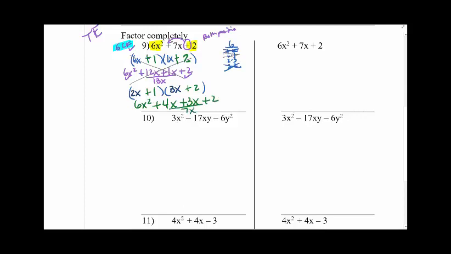Add the like terms, it gives me the 7x. Remember, the design was, it worked already for the first, it worked for the second. We are making sure it works for that middle term. So my correct answer for this problem is 2x plus 1 times 3x plus 2.